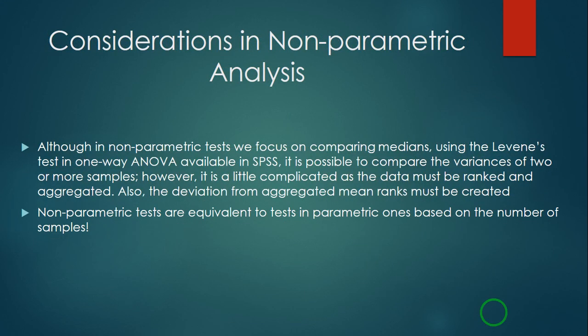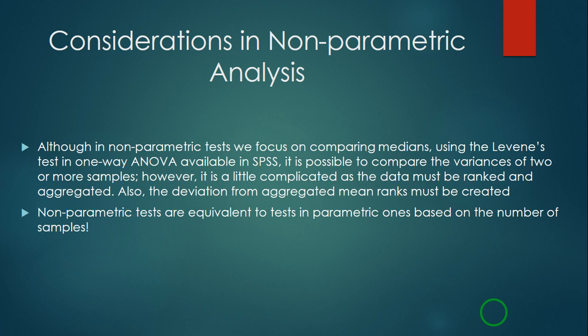There are 2 points to be considered in non-parametric hypothesis testing. First, although we focus on comparing medians in these tests, we can use Levene's test in One-way ANOVA, which is available in SPSS, to compare the variances of two or more samples. But the test is a little complicated because the data must be ranked first and then it should be aggregated.